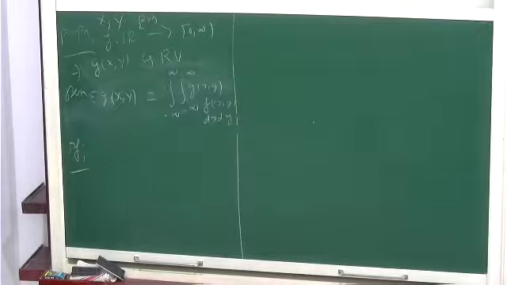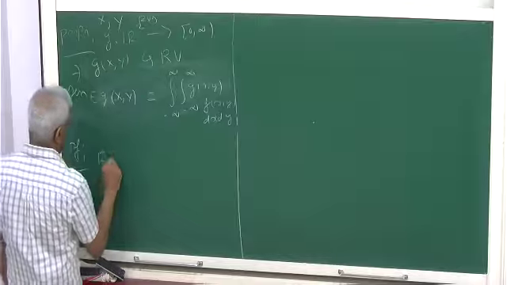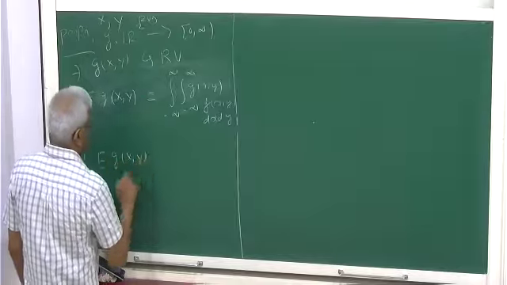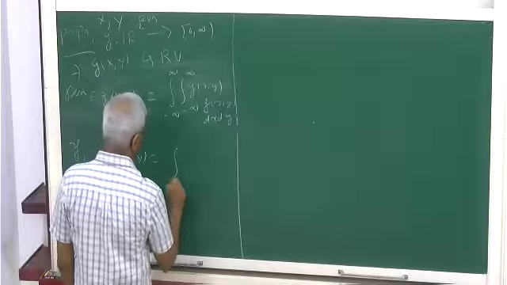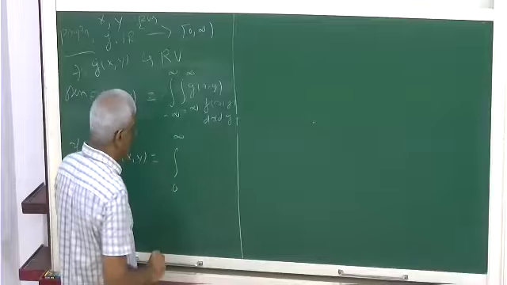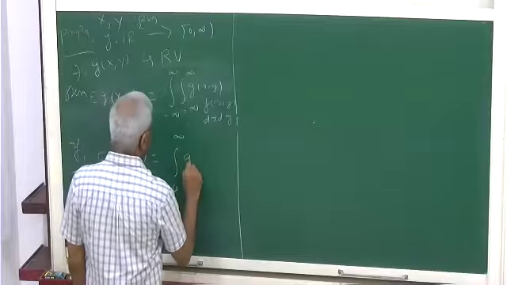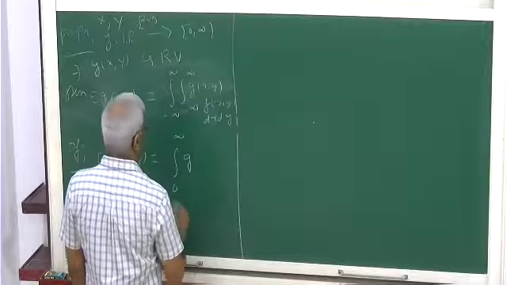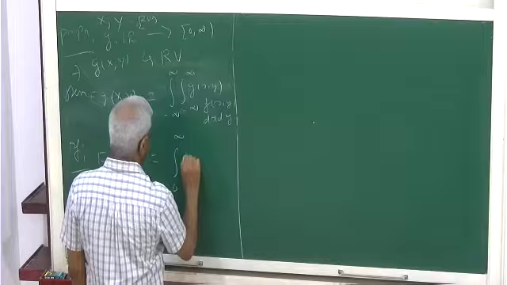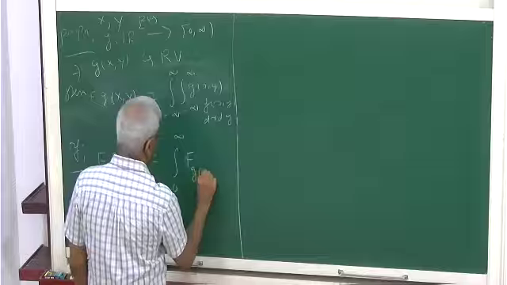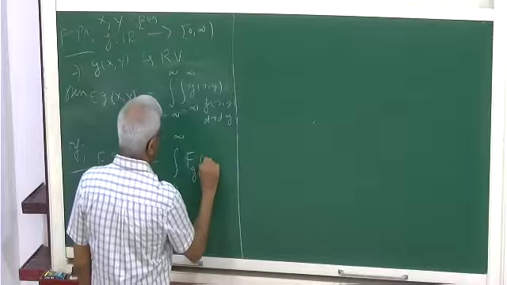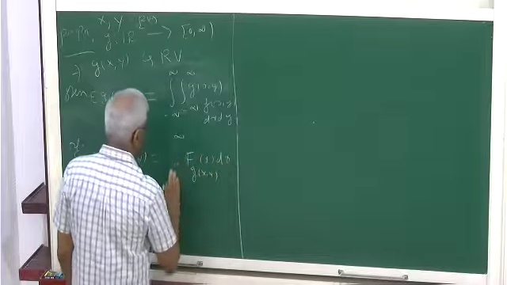G is positive, so it is equal to integral 0 to infinity of, I mean, f of G of x, y at x. Sorry, 1 minus.